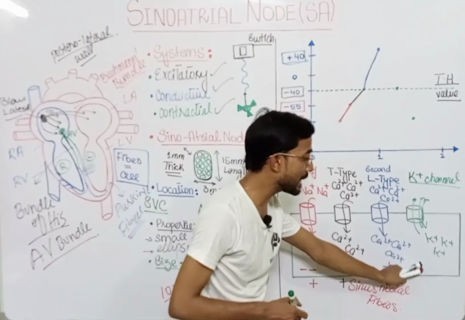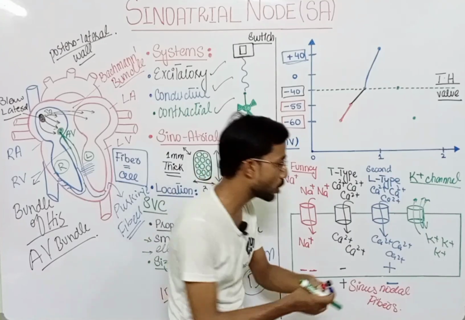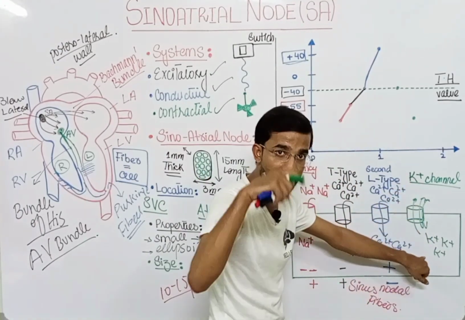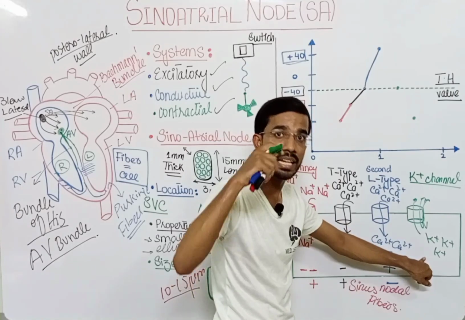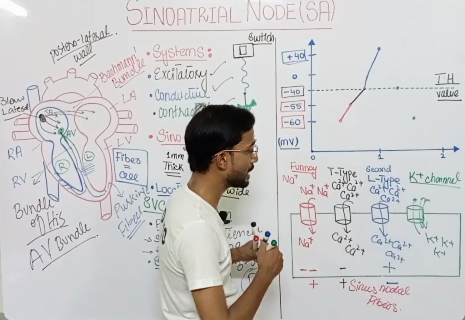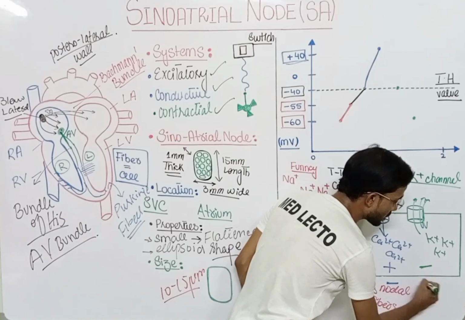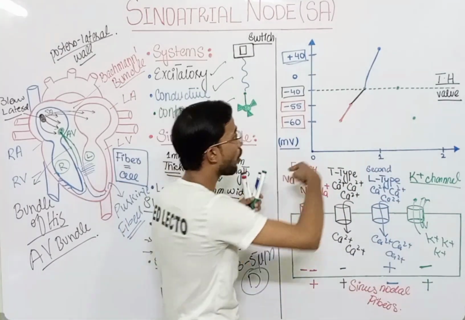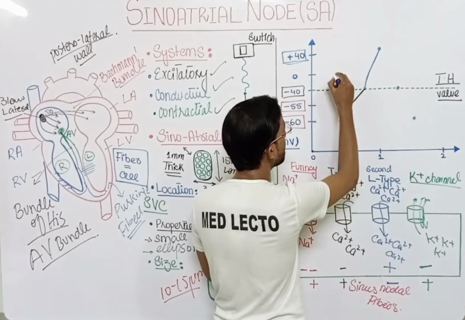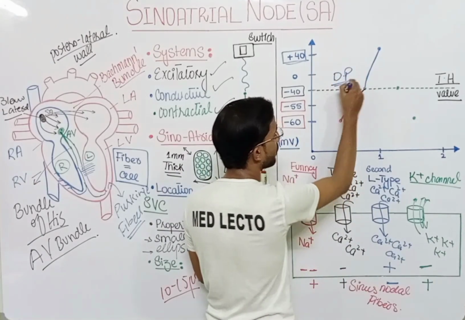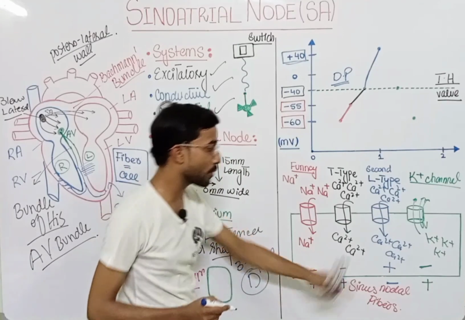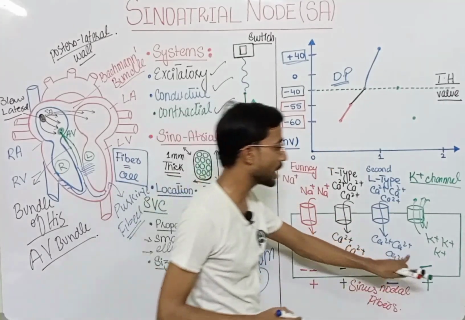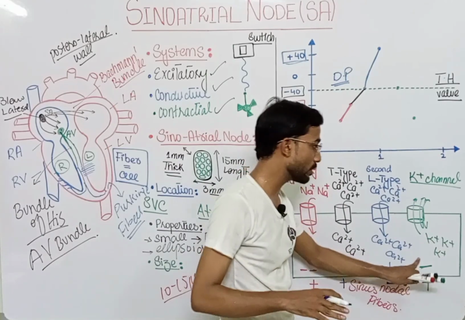Negativity again starts increasing inside the cell because the positive charge is moving outward. It means the potential starts reversing. That is repolarization. This whole earlier process is the depolarization, in which negative converts into positive, but in the repolarization it will again convert into negative.